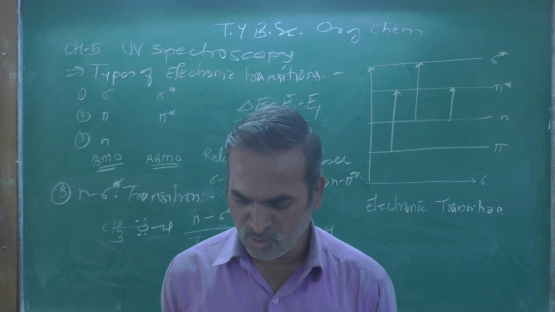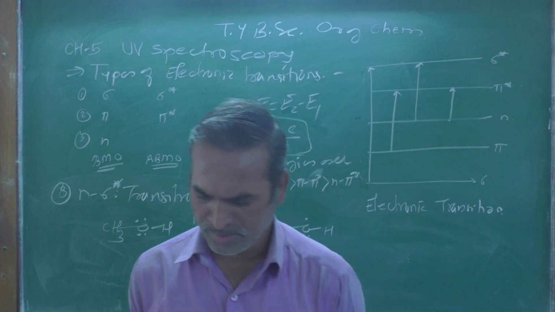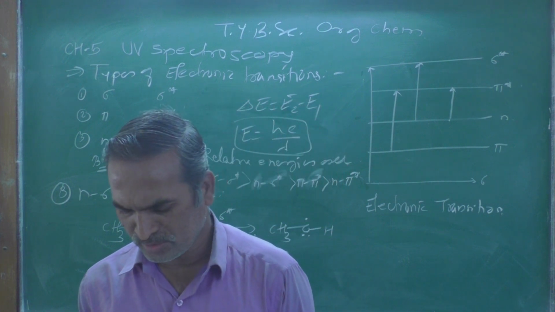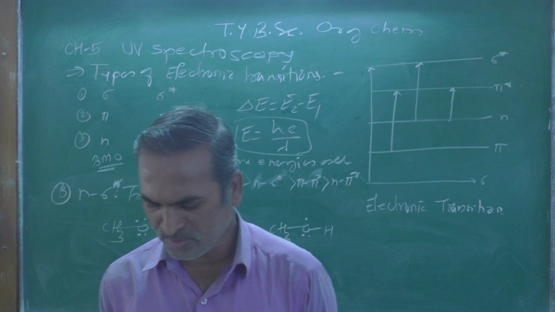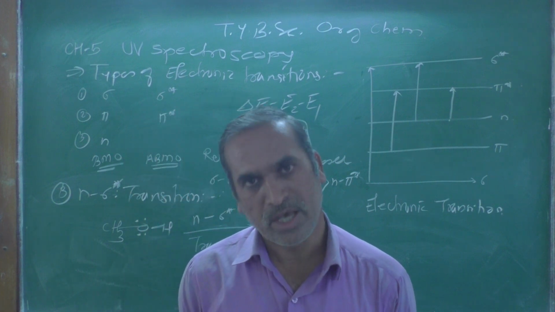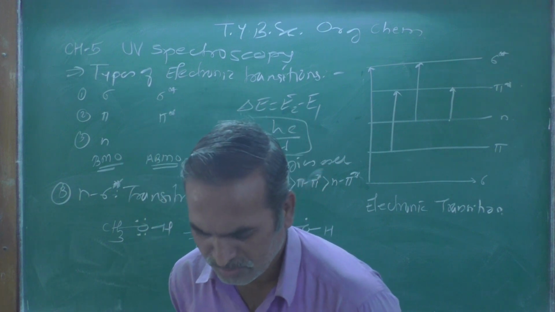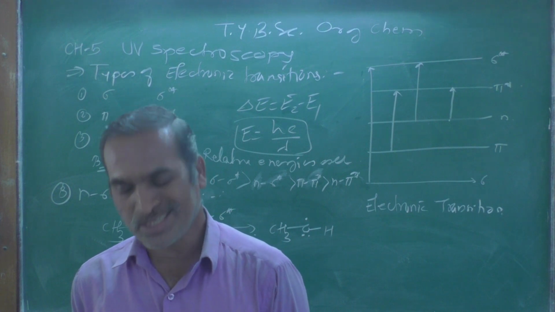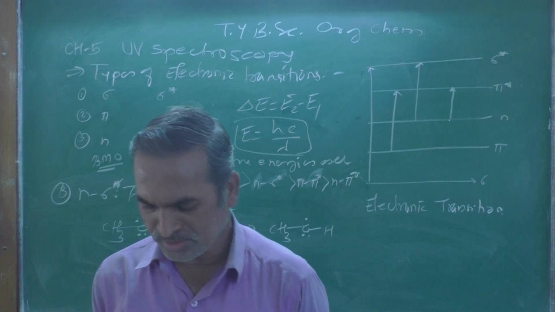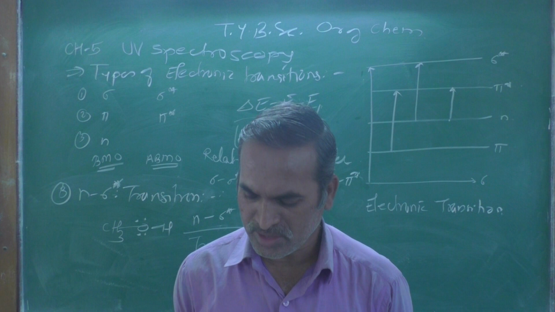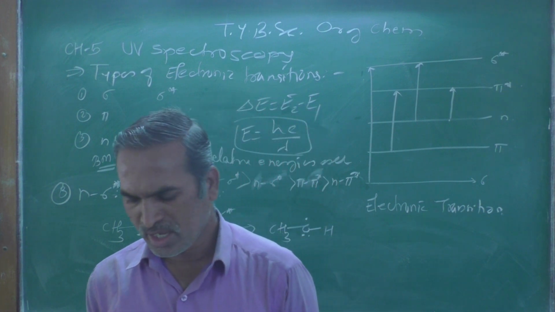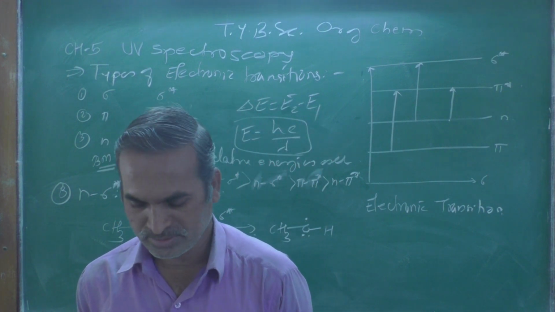The epsilon value for this transition is very small, hence absorption is very weak. Therefore, from the point of view of structure determination, N2 sigma star transition has less importance.